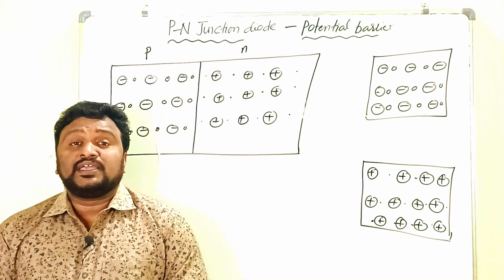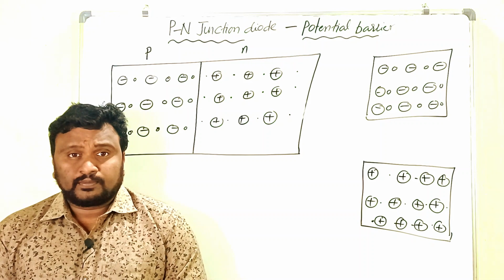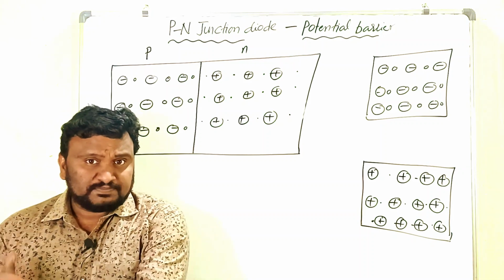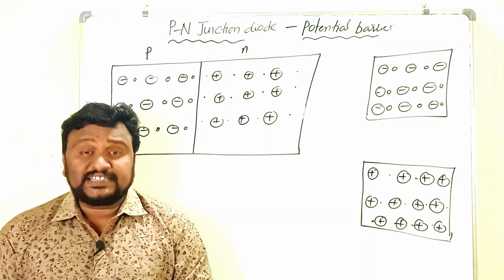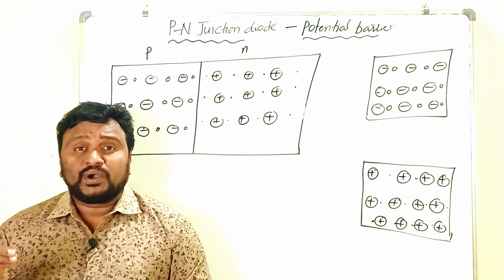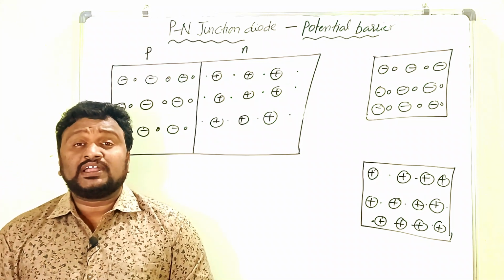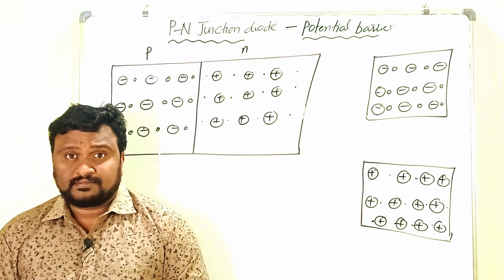What is meant by a PN junction diode? We have to know, first, what is p-type material and what is n-type material. When a trivalent impurity is added to the pure semiconductor, we get p-type semiconductors.